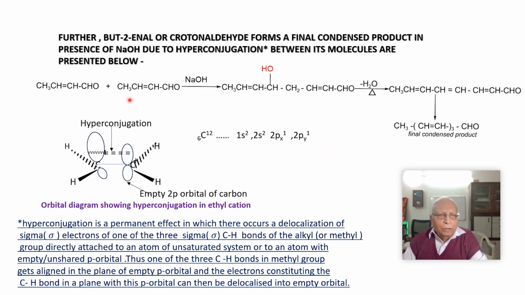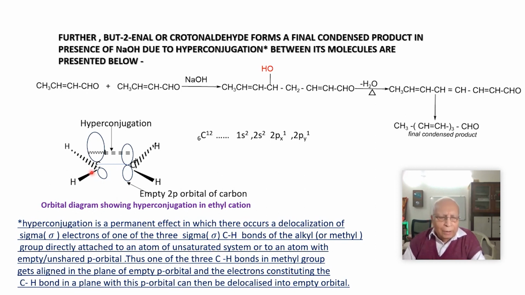Now, when a double bond is formed, as in alkenes, we find that there is one sigma bond and one pi bond, formed by overlapping of p orbitals. One of the carbon atoms contains a CH3, that is the methyl group or any alkyl group.